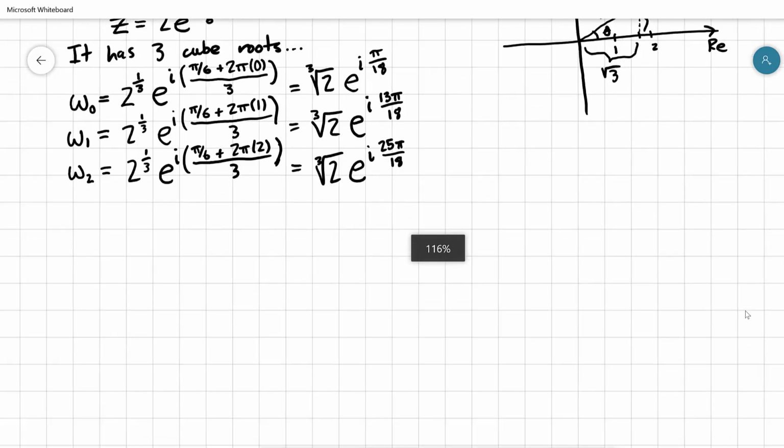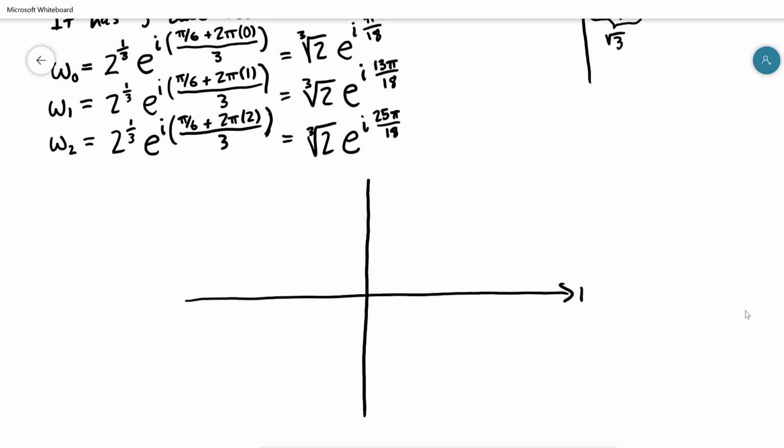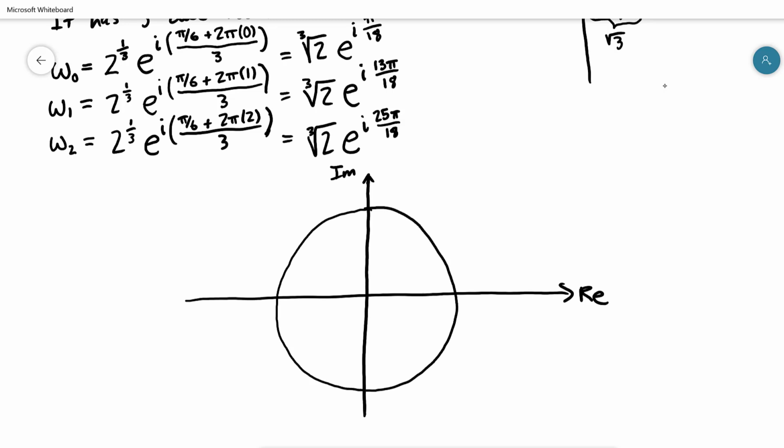One kind of cool thing about this is if we draw where these roots occur. Here's my real and imaginary axis. If we do this, I can draw them all on the following shape. Okay, so there's my poorly drawn circle with a radius of the cube root of 2, not the square root of 3.